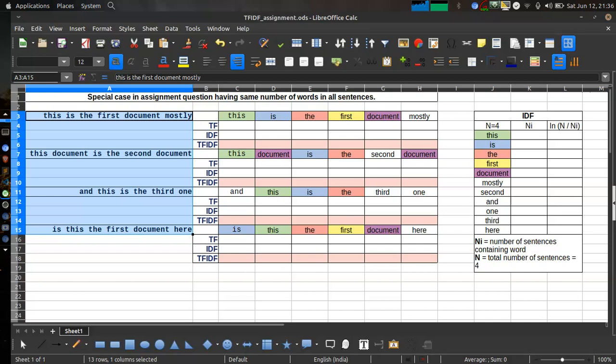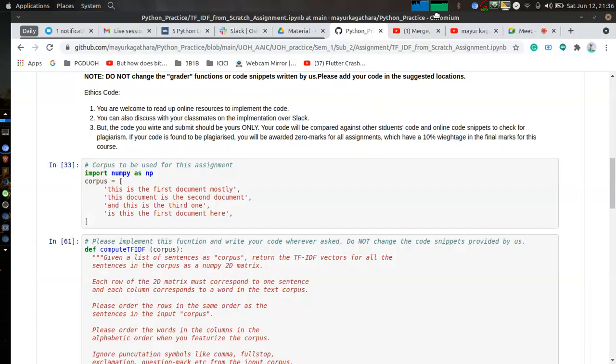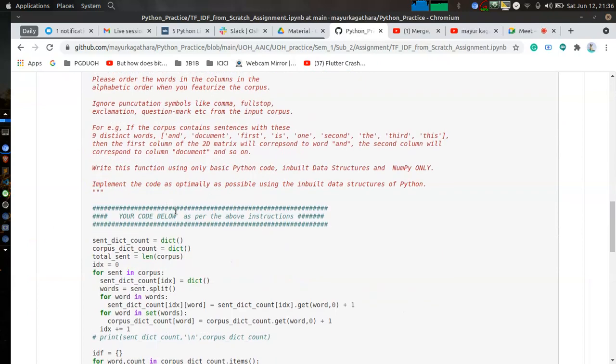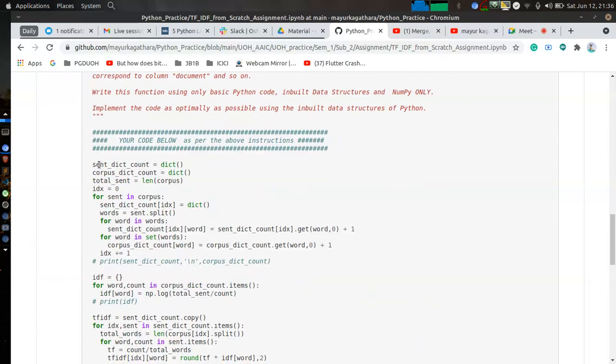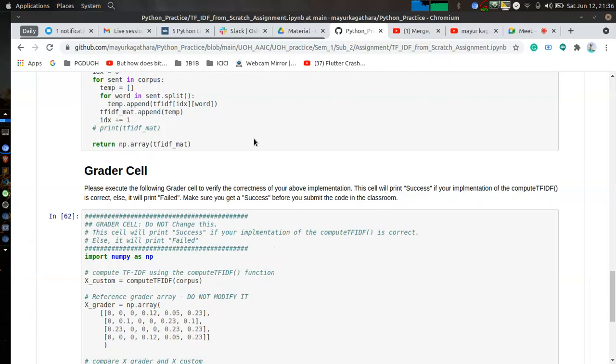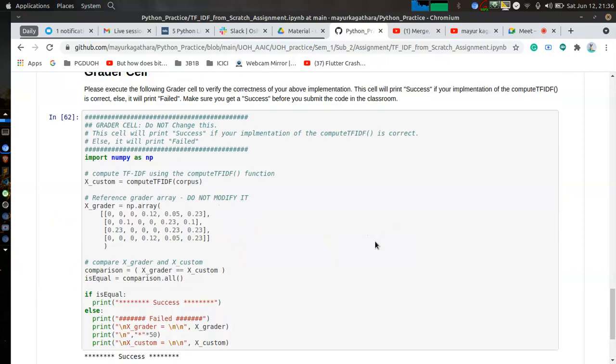If you see the question, we have four sentences in the corpus, and we need to calculate. We need to write all the code after this, and don't add any extra cell or anything, otherwise it will show as a warning.